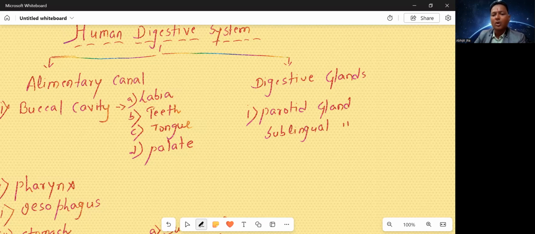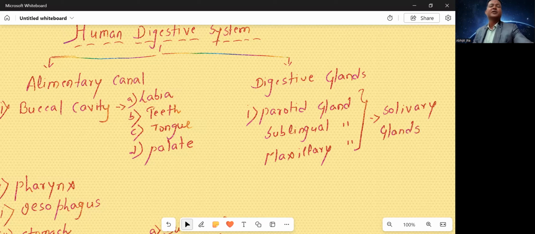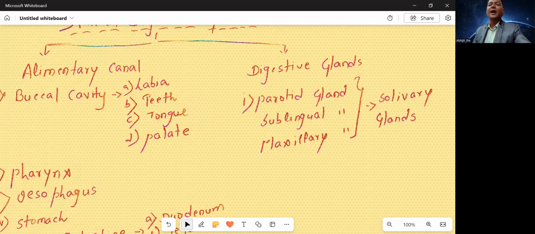And the third one is known as the maxillary gland, also known as the submandibular gland. These three glands collectively are referred to as salivary glands. This is the very first gland that is part of the digestive system, and it is present in our buccal cavity, our oral cavity.